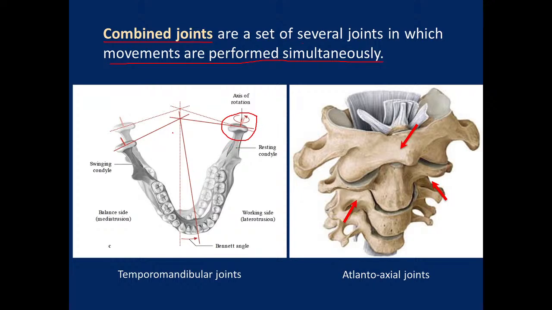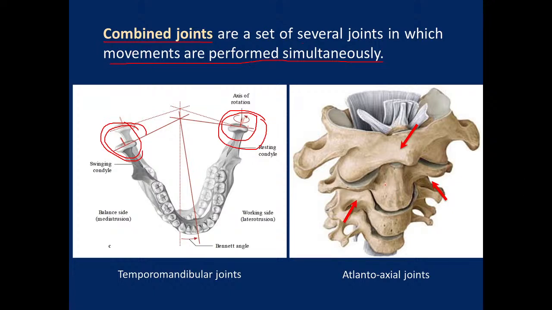No movement in one of these joints is possible without movement in the other joint. They move together, but anatomically these joints are separated. This is the left part of the head. This is the right part of the head. But the movement is combined, so we call this group combined joints.